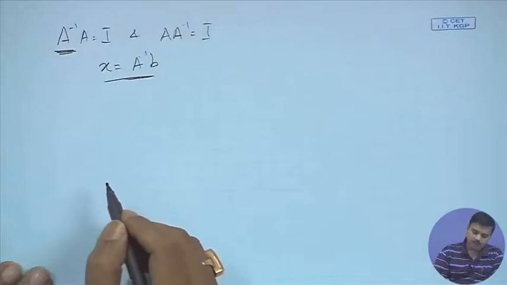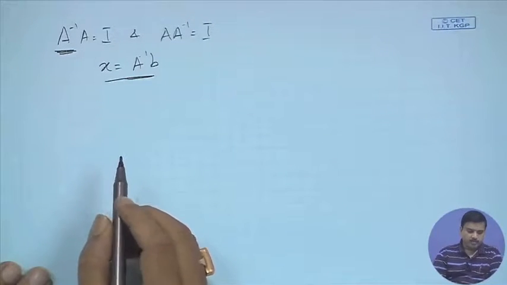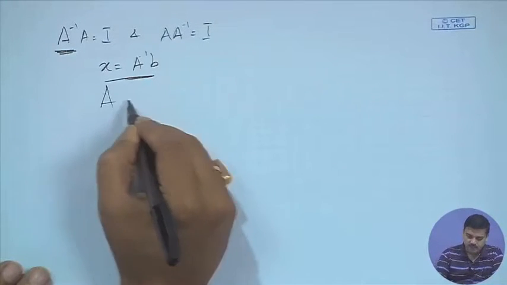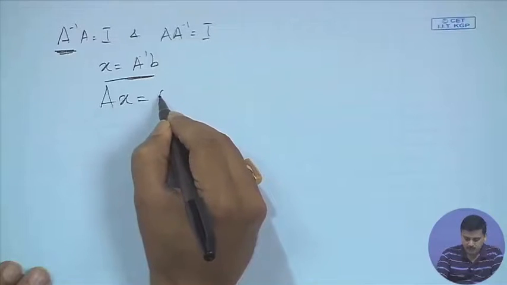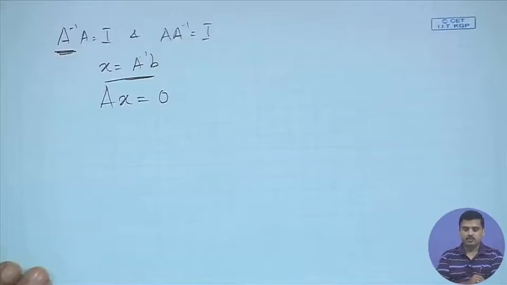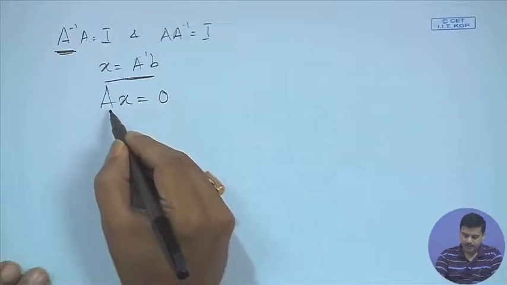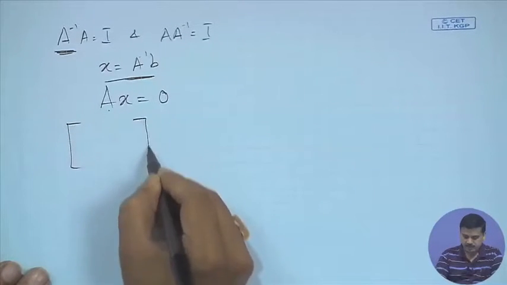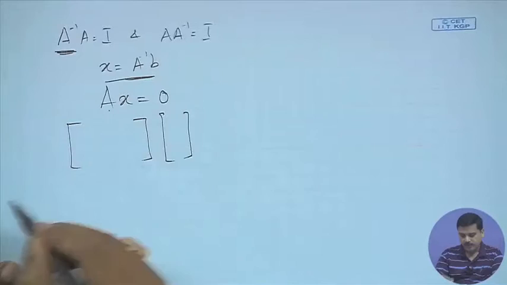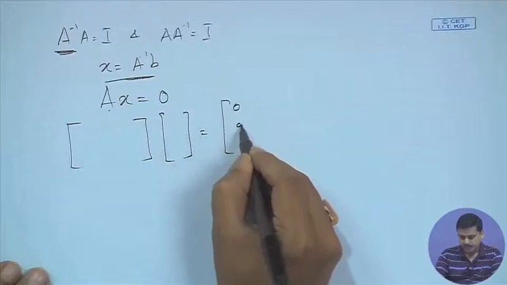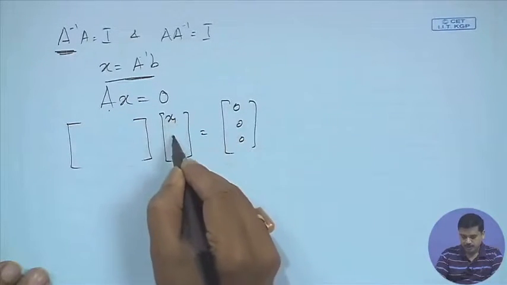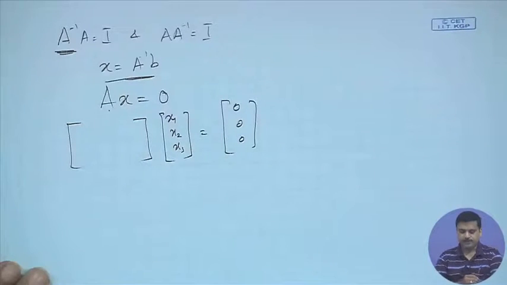So that's very true. And now suppose I take the equation Ax equals 0 instead of Ax equals B. This is a very particular case. Just try to understand this. If we have A as a matrix and x1, x2, x3 as the vector, I have a certain matrix over here.